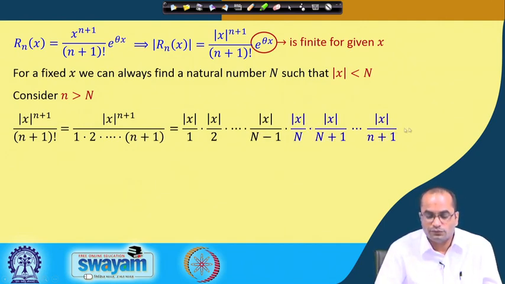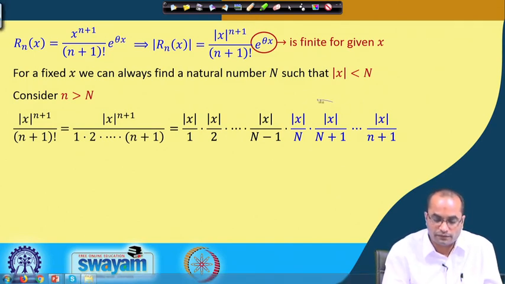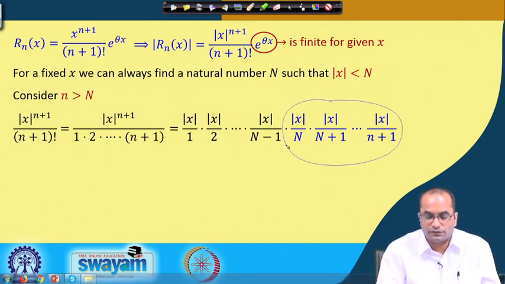We can continue. Now, just look at this term here, which appears after these N minus 1 terms: modulus x divided by N, here also absolute value of x divided by N plus 1, and so on. So, out of this expression, what we see is the absolute value of x divided by this N.